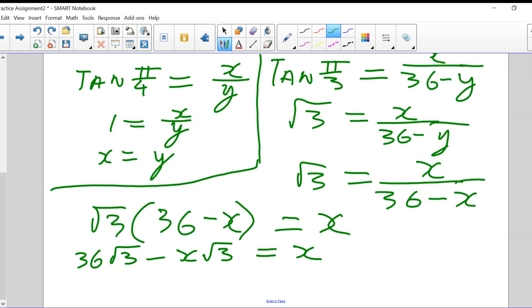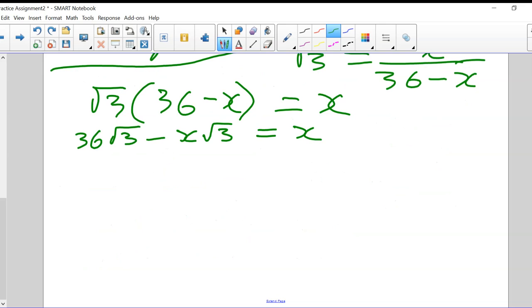That's my clue to you. What do you think I need to do? Let's see what Harish says. Bring the minus x root 3 to the right side. Travis agrees with that. Jeremy, is that what you wanted to tell us? Okay. So 36 root 3 is equal to x plus x root 3.